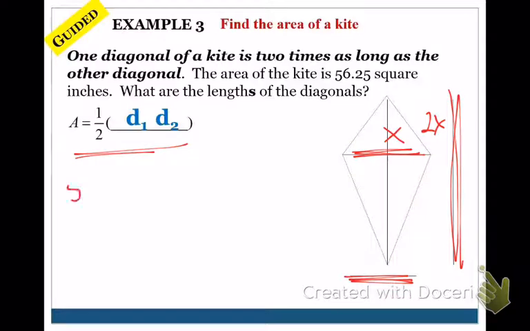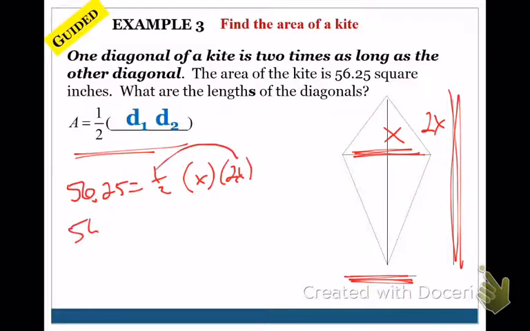We know the area is 56.25, which is equal to 1/2 times the diagonals, x and 2x. So one thing I can do is multiply this 1/2 into that 2x. So we get x times x, and then we get x squared equals 56.25.